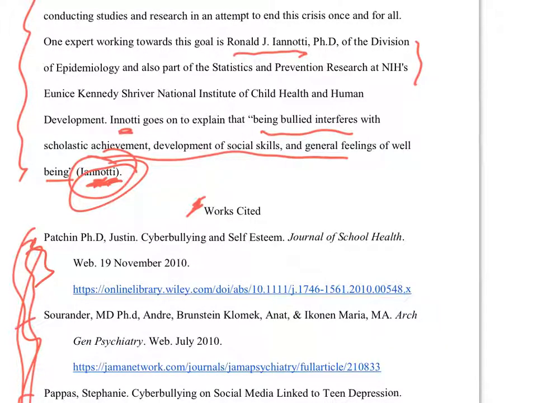So let's say, for instance, the student got this quote and the information about Iannotti from this source. I don't know if this is true, I'm saying hypothetically. So the correct parenthetical citation would not be Iannotti, it would actually be Patchen.